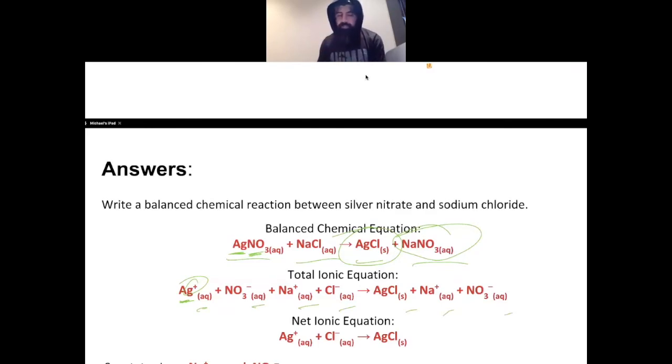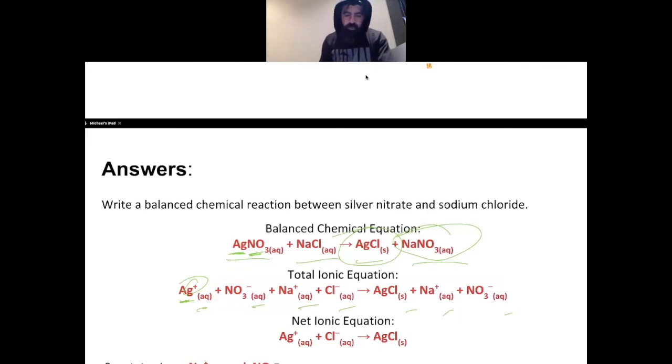Please don't forget them, because part of the marks in some of these problems will include that. You might see, write a balanced chemical equation, and typically those were 1 mark, and now they could be as much as 3 marks, because you've got to show these ions and you've got to show these states.